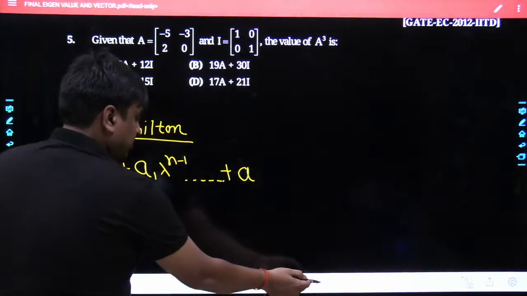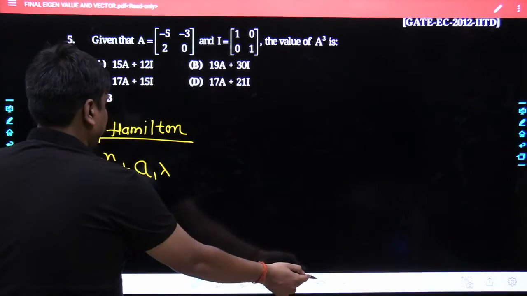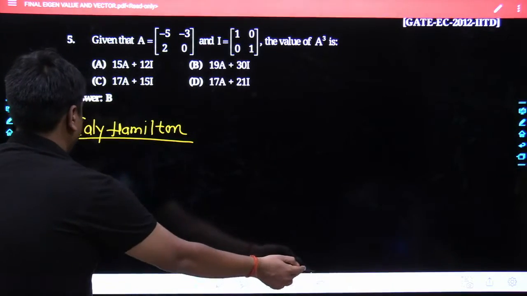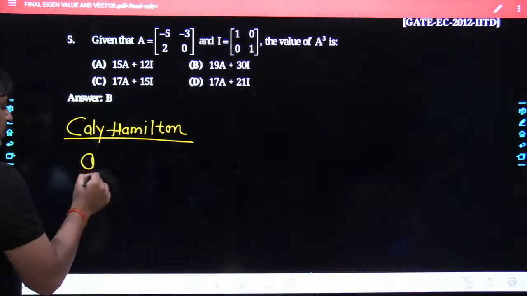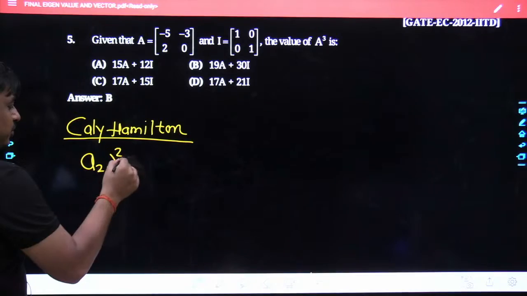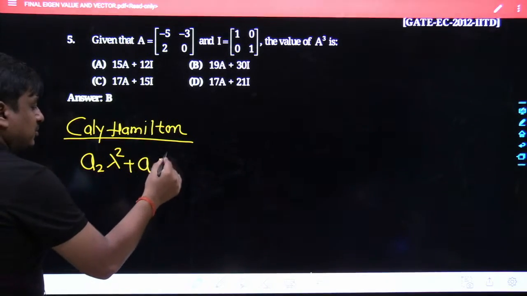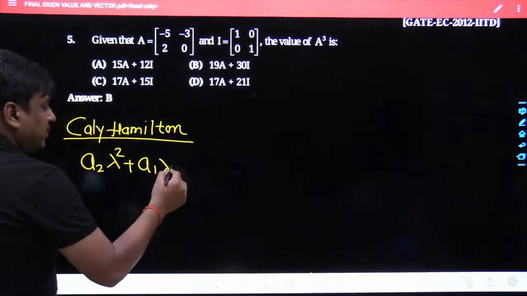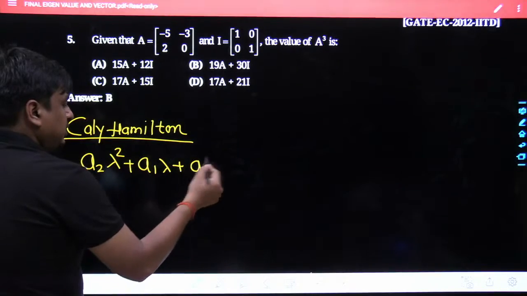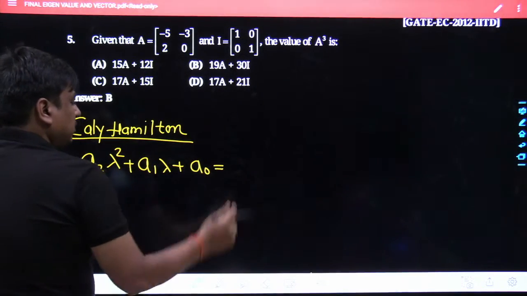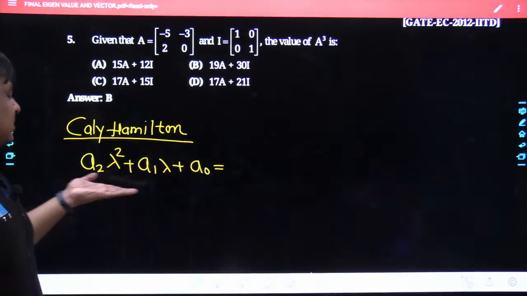Or you can just reverse it, that would be even better. You take a2 lambda to the power of 2 plus a1 lambda to the power of 1 plus a0 lambda. May I know what would be the result out of this?